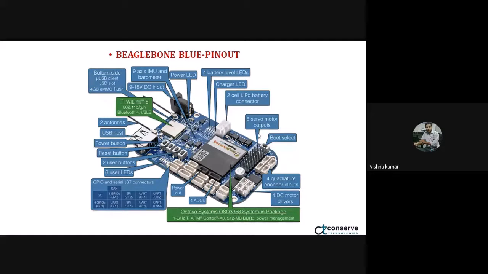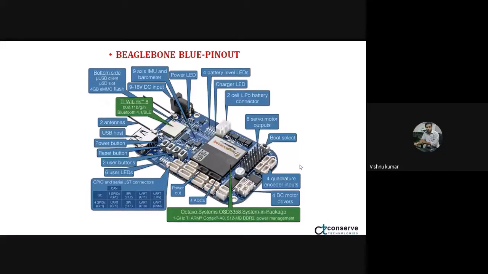There are servo motor output ports, and these are the DC motor driver outputs. The driver is inbuilt, so we can connect the DC motors directly here, and this is a quadrature encoder input.